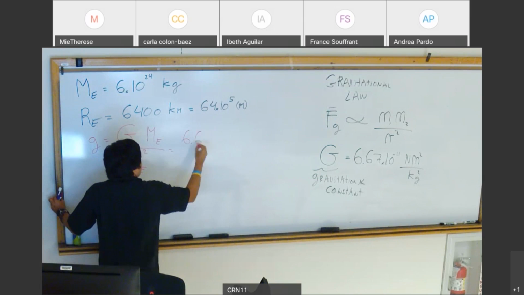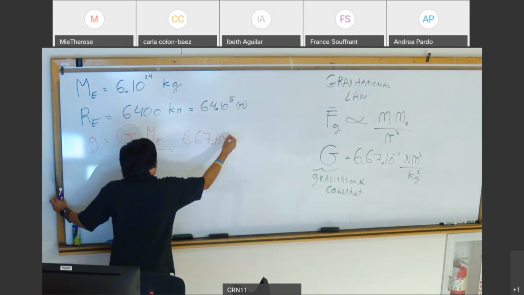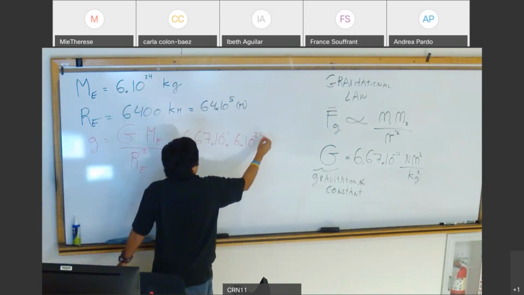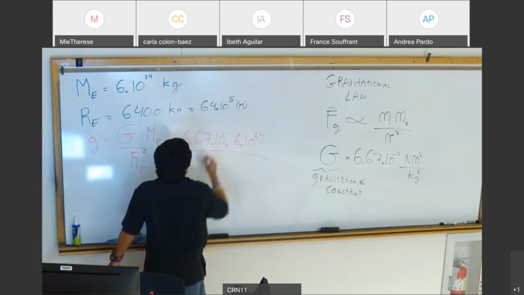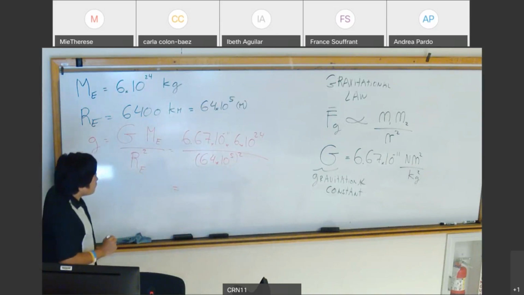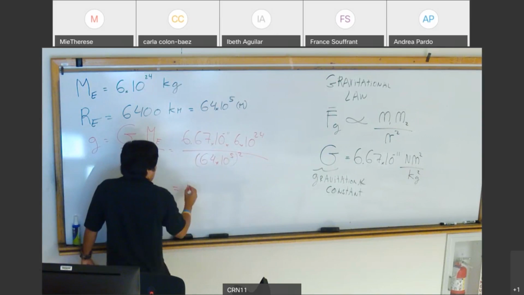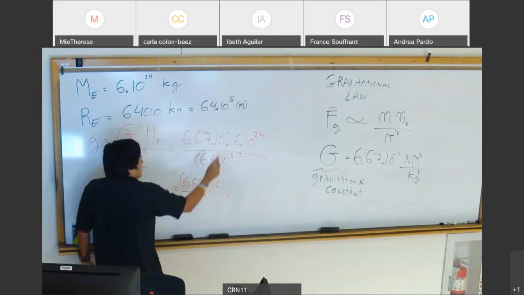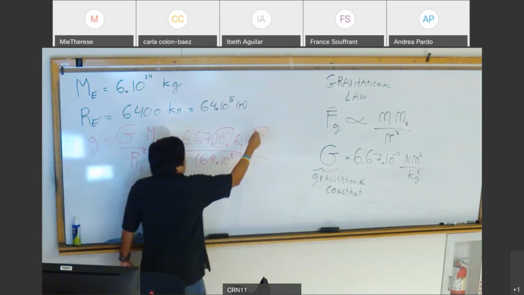G, M, over radius squared. Let's do this. 6.67 times 6 divided by 64 squared, times 10 to the negative 11 times 10 to the 24.